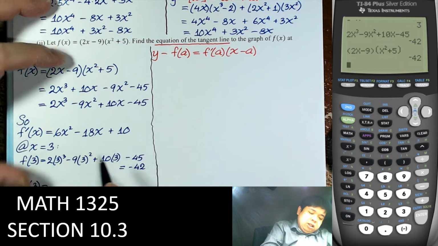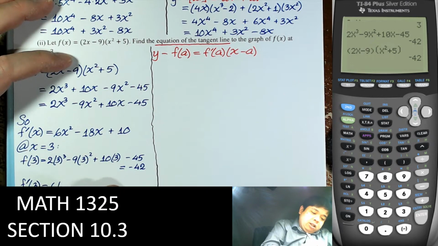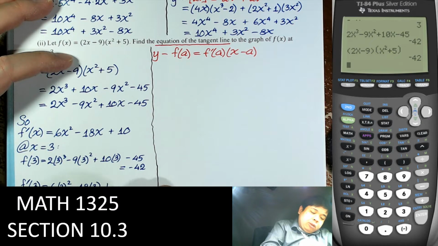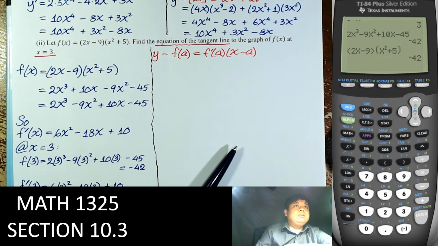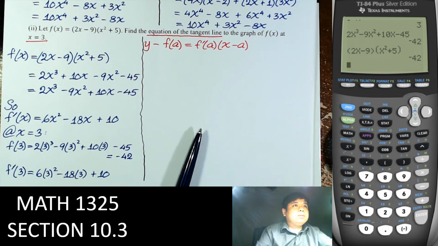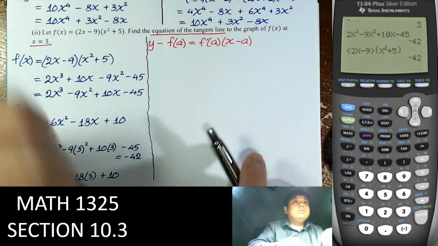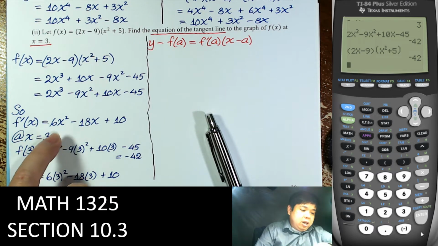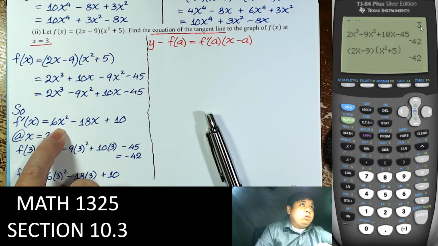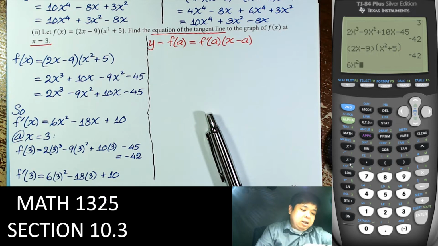This is the derivative, 6 times 3 squared minus 18 times 3 plus 10. Or I just say 6x squared minus 18x plus 10, since I stored 3 into x already, so this should still be the same. That would be 10.